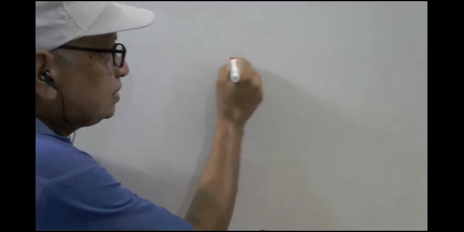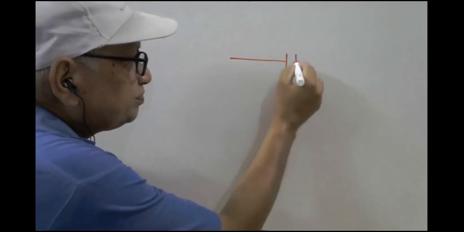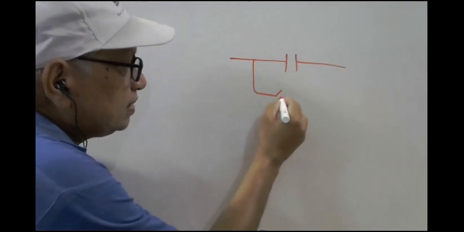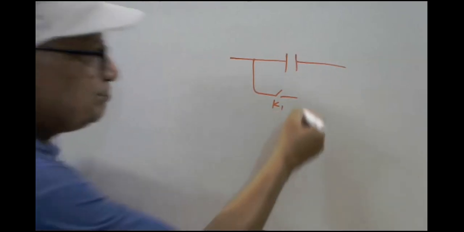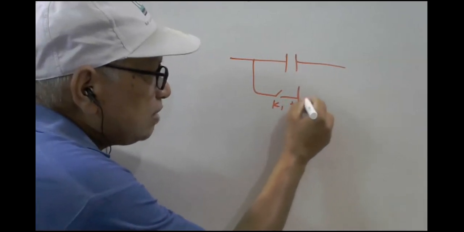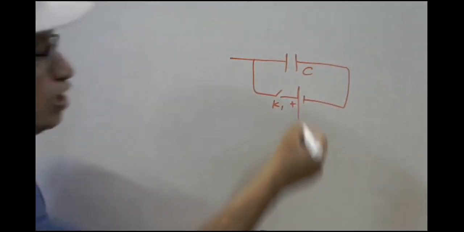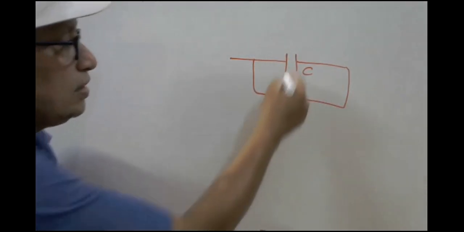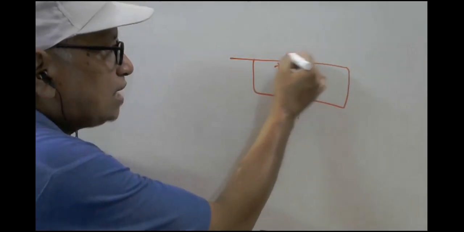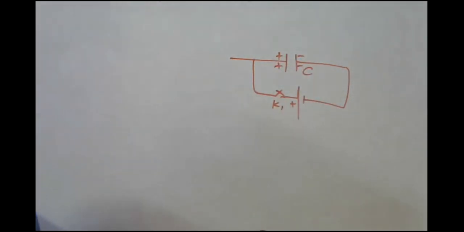Here, suppose this is the capacitor, and this is the battery with a key K1, connected across the capacitor. If we close the key, what will happen? This capacitor will get charged by the battery.